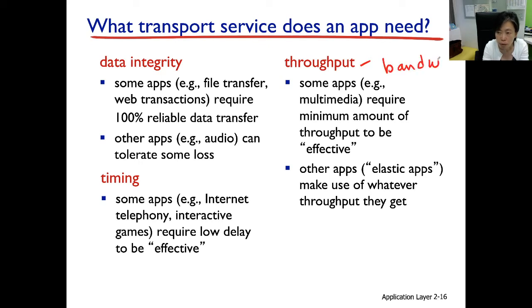Can we provide a certain amount of bandwidth to transmit the content? The network bandwidth in particular. Some applications do require a good amount of network bandwidth in order to work effectively. So this is streaming video.